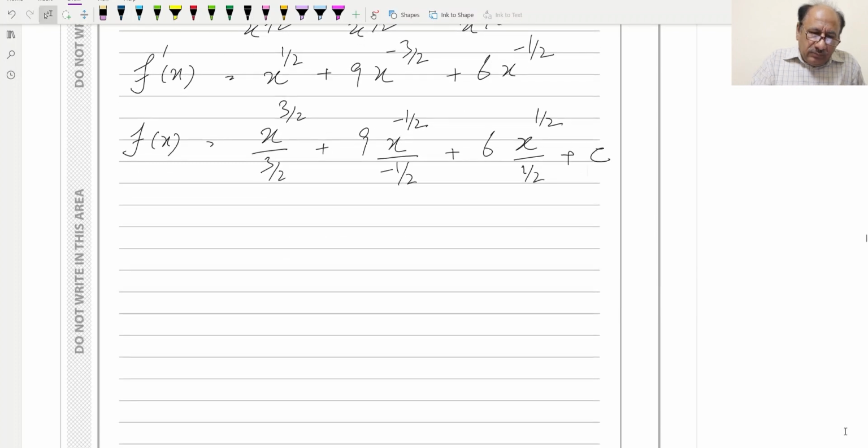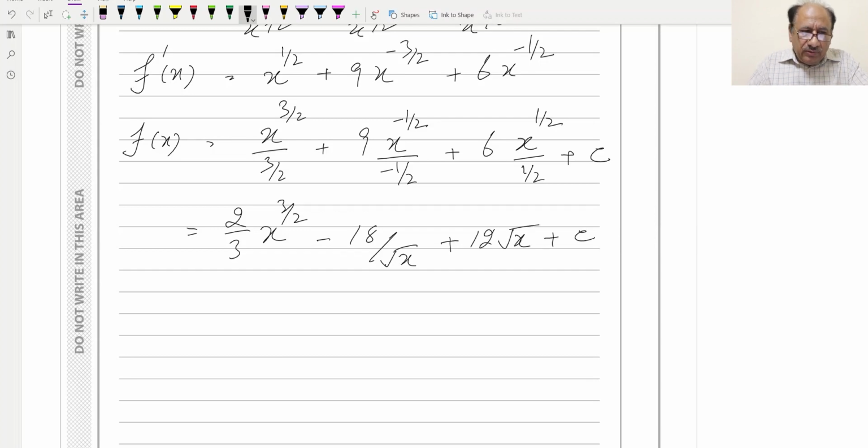Now we can simplify this. We can write 2 by 3 x raised to the power 3 by 2, minus 18 over root x, plus 12 root x, plus c, and this will be our equation.